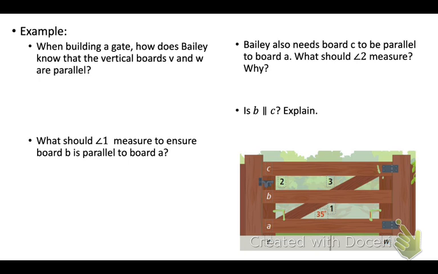And if the board's here and the board's here, yes. And they're both perpendicular to what? A. Okay, so that would mean A was the transversal and these would be the parallel lines if they were parallel, yes? So what are these two right angles to each other?